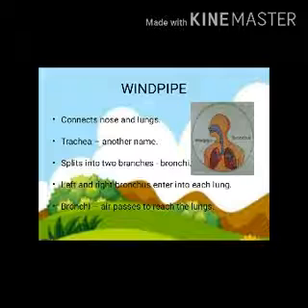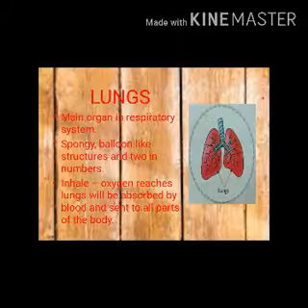The left bronchus enters the left lung, and the right bronchus enters the right lung, through which the air passes to the lungs, right? Another name for the windpipe is trachea. Up to this we saw in previous sessions, right? So in this session we are going to see about lungs.